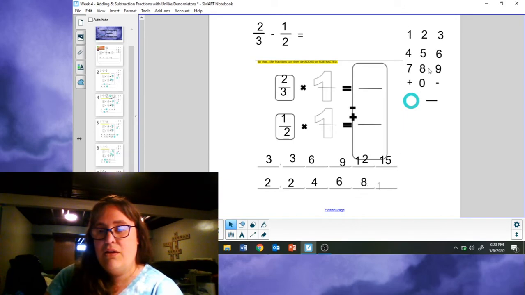Take a look at that. Which multiple do they have in common? And if there's more than one, what's the least? Good job. It is the 6.